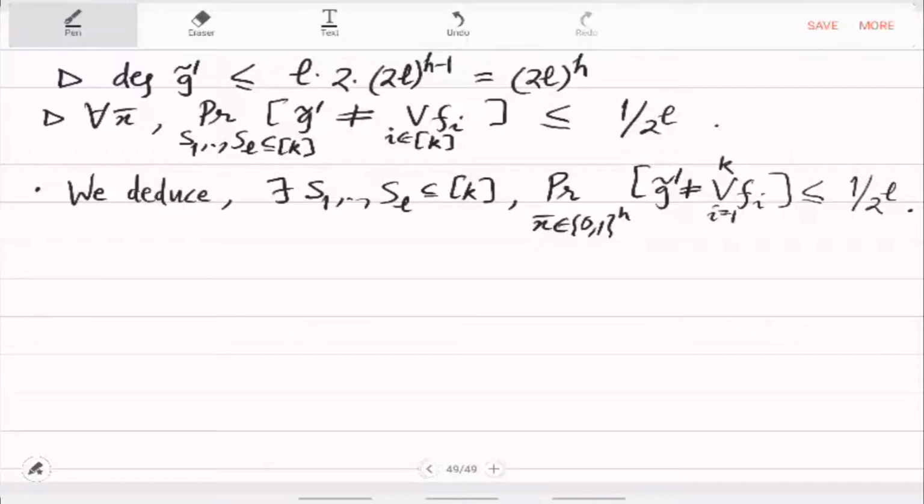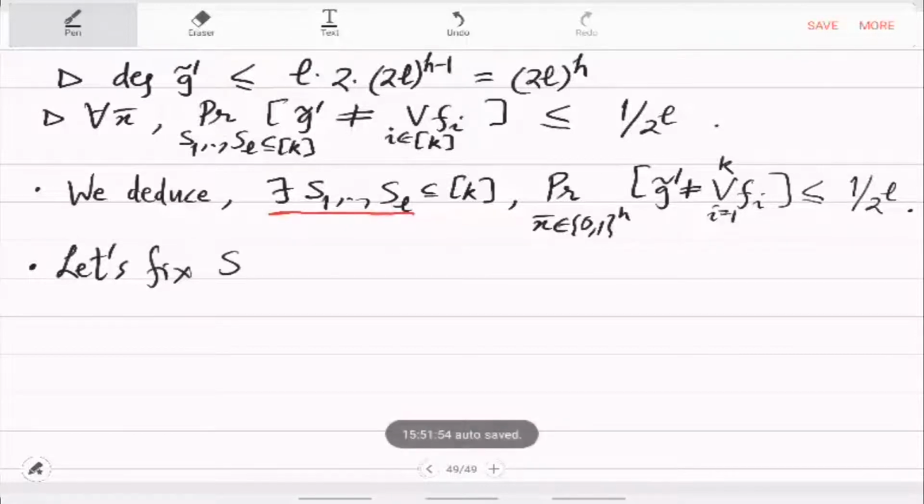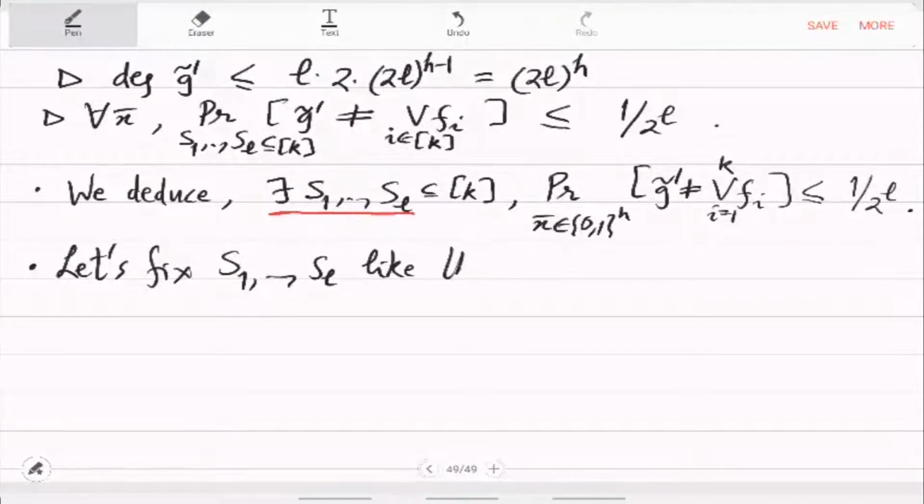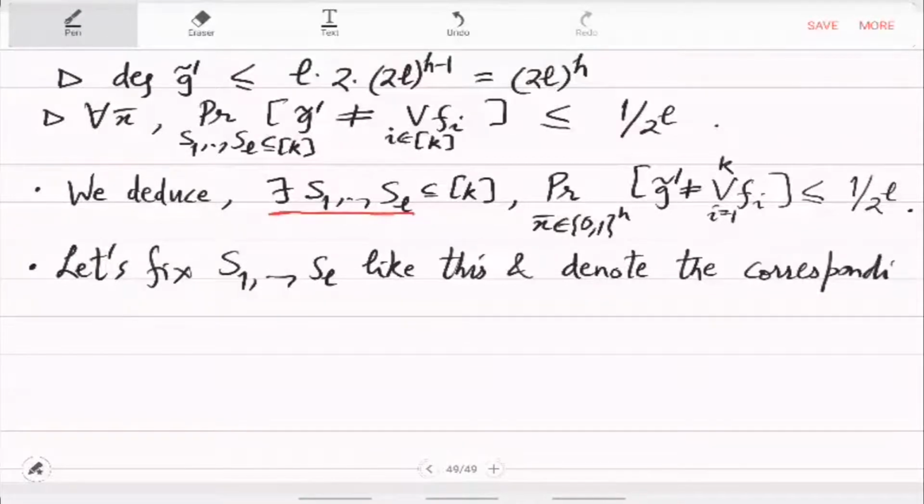So we have deduced that there exists this good choice. So we should actually fix S1 to SL to this, and denote the corresponding g tilde prime as the final g tilde.